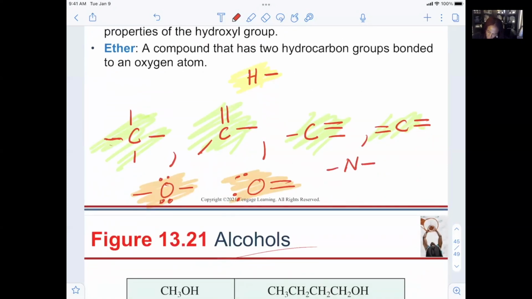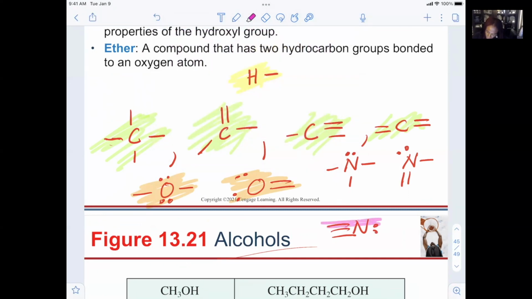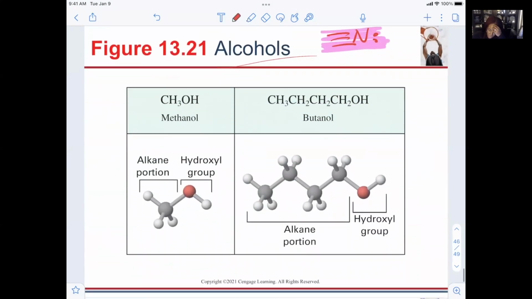Nitrogen has 3 bonds and a lone pair. Nitrogen has 2 bonds and a single bond and a lone pair. Or it can have nitrogen with 3 bonds and a lone pair. So all of these are common combinations of these elements, and you want to be aware of them, okay? You tend to see them a lot, like that, like this, like that, okay? So here you have different combinations of that.